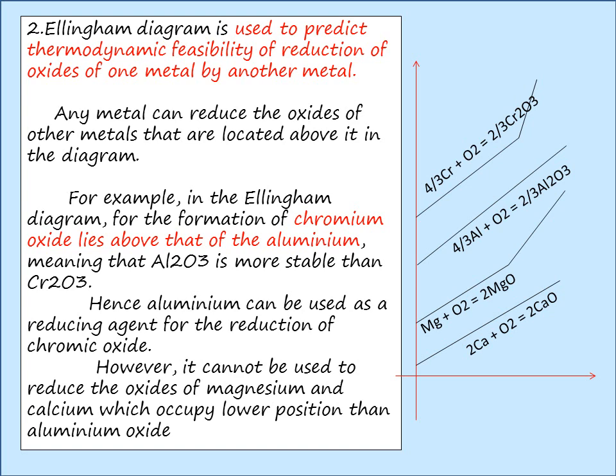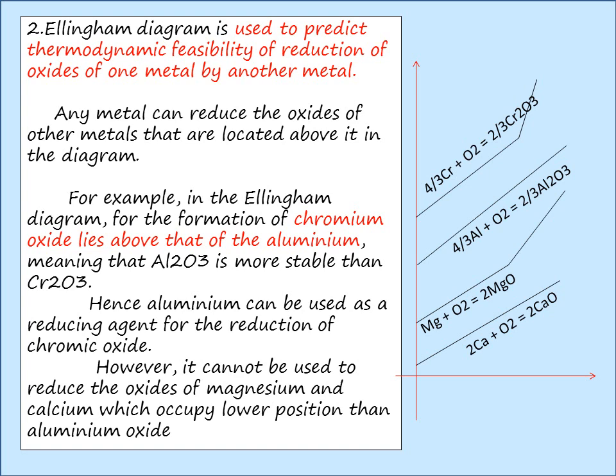But does magnesium reduce calcium oxide? No, because calcium lies below magnesium. So magnesium cannot reduce calcium oxide. So we can infer that aluminium can be a better reducing agent for chromic oxide. What we have learnt in the aluminothermic process, aluminium was used to reduce chromic oxide. But can we use chromium to reduce aluminium oxide?